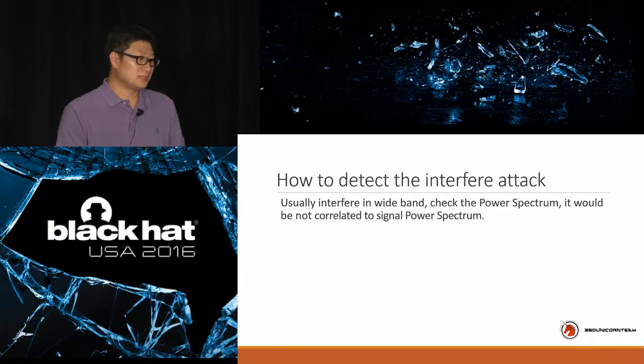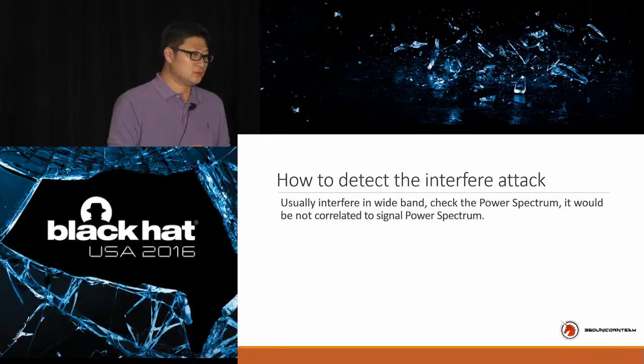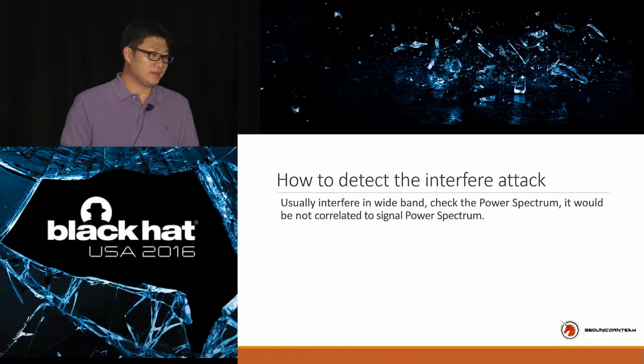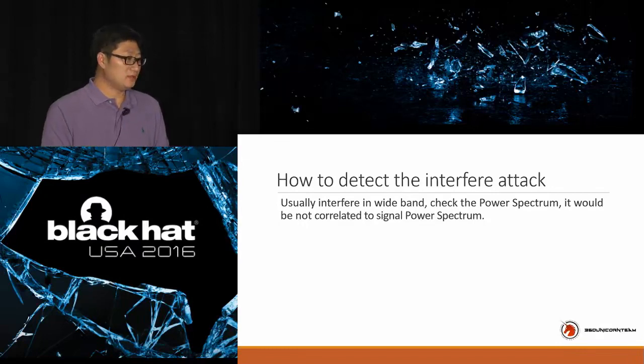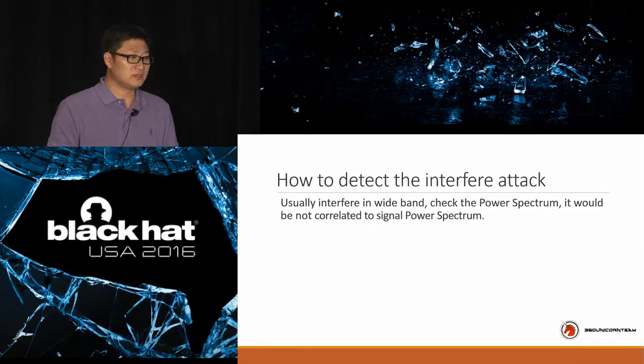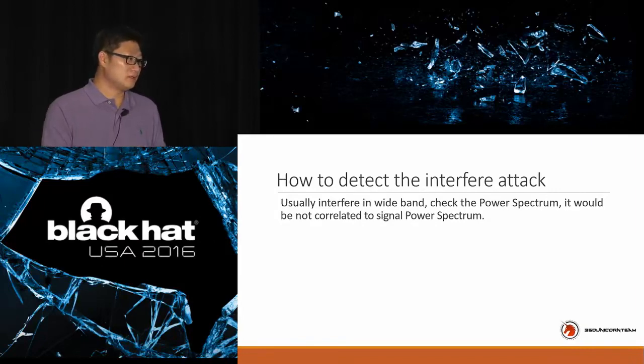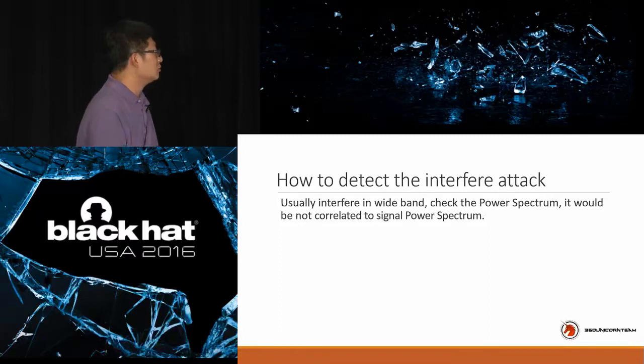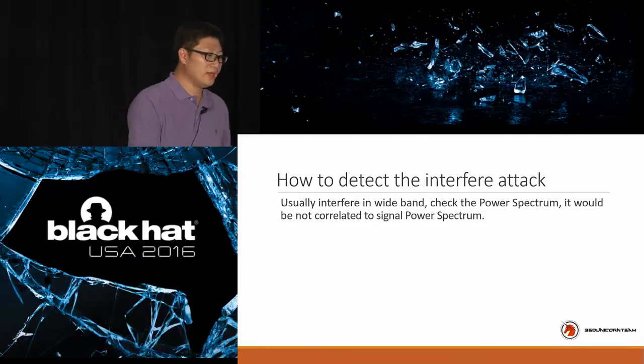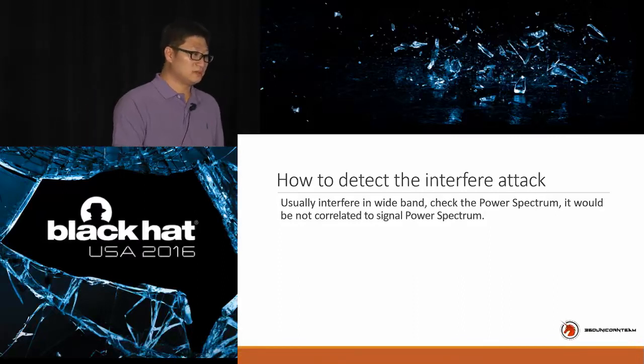The service includes routing, data forwarding, and peer-to-peer communication. For the common interference attack method, it will transmit a continuous signal in the communication channel, and it is easy to identify because we have already got the power spectrum.